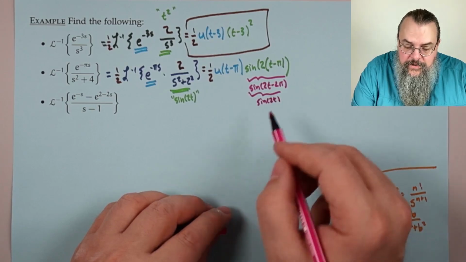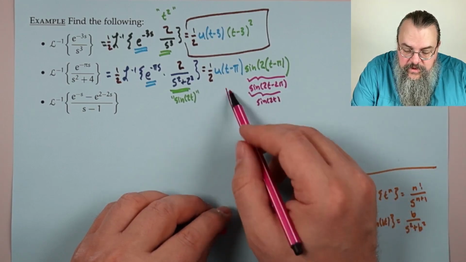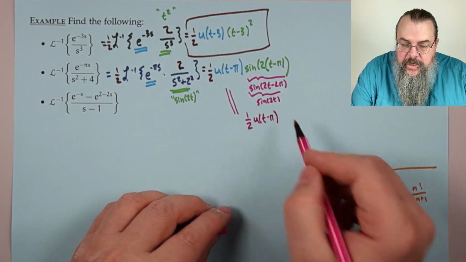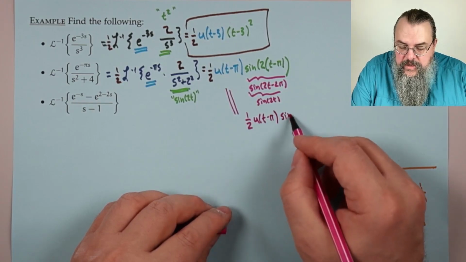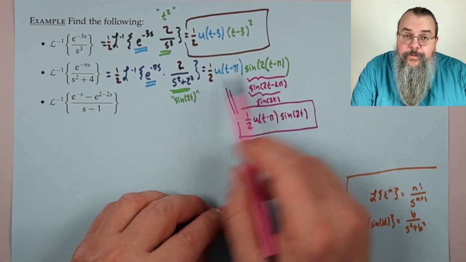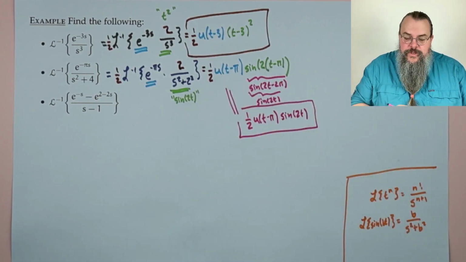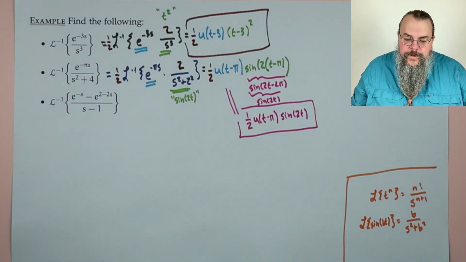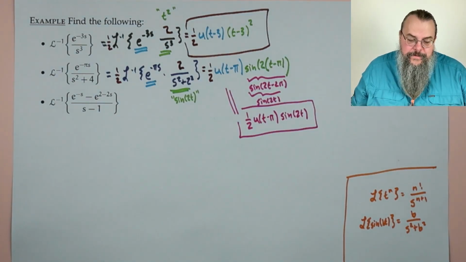So we could have also written this as 1/2 u of t minus pi times sine of 2t. Both would be fine, but just to show you what we can do. All right, well, these are funner. At least they feel funner.